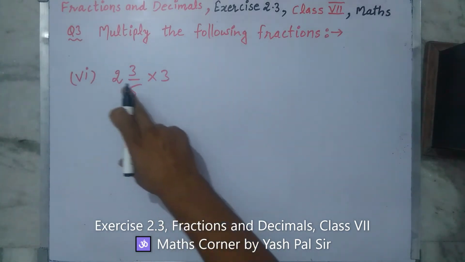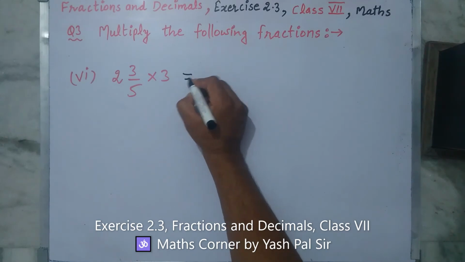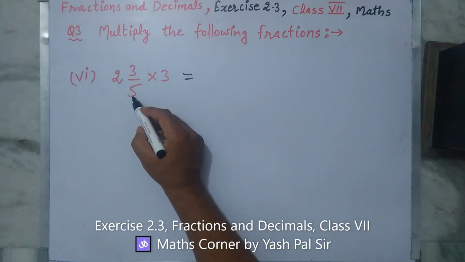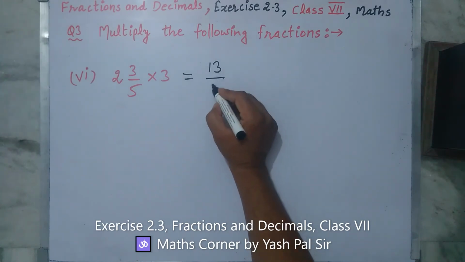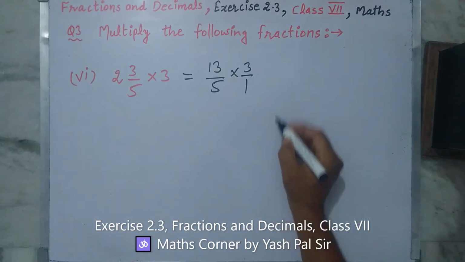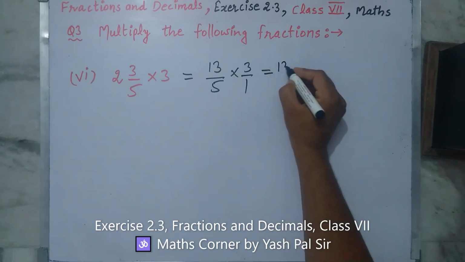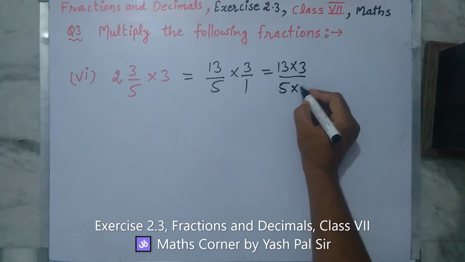Next part, sixth part, 2 and 3 by 5 into 3. So first of all, this is 2 into 5, 10. 10 plus 3, 13. Divided by 5 into 3, meaning 3 upon 1. So we can write this as 13 into 3 divided by 5 into 1.